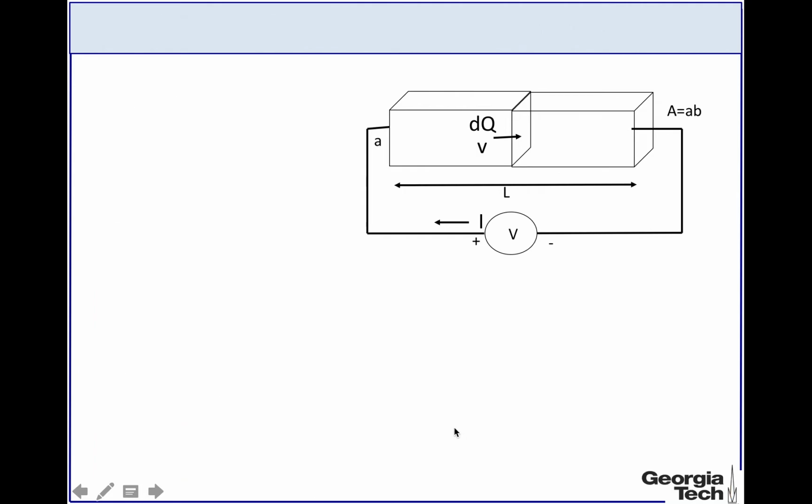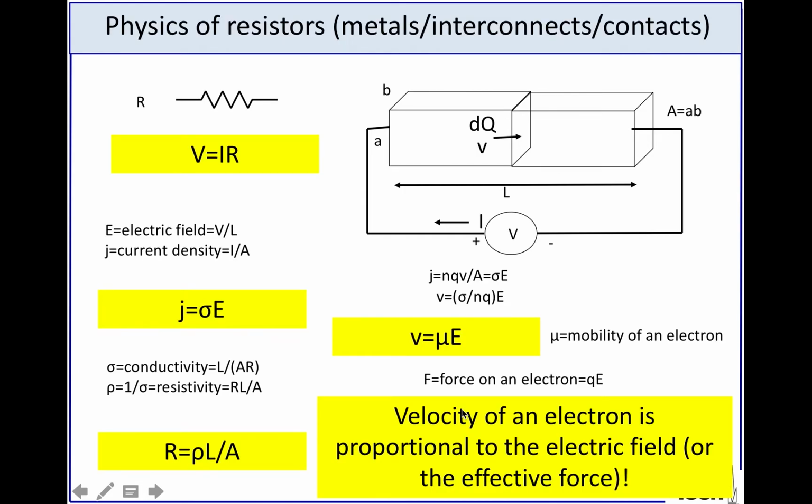Based on Newton's laws of motion, the velocity of the electron should have been increasing with time, but based on Ohm's law, the velocity of the electron is rather proportional to the electric field. So how do we resolve this apparent contradiction?